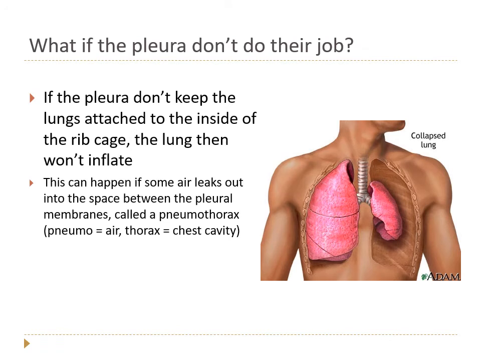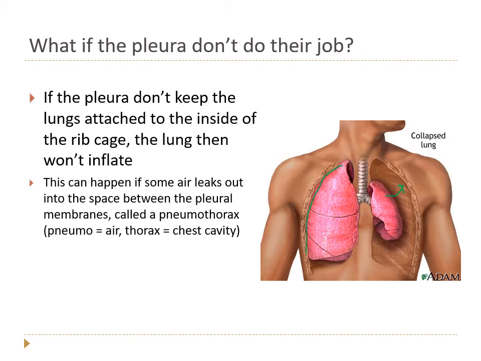So if the pleura don't do that job and keep the lungs stretched out and attached to the inside of the rib cage through that process called mechanical coupling, then the lung won't necessarily inflate. This can happen if you have a hole in one of your lungs, for example, that allows air out into this pleural space. If that happens, you lose that connection, right?